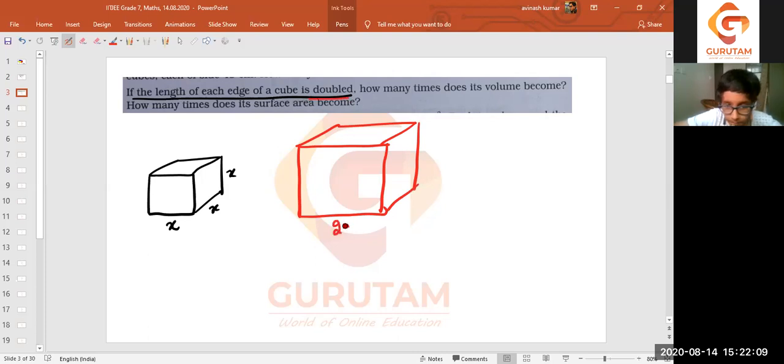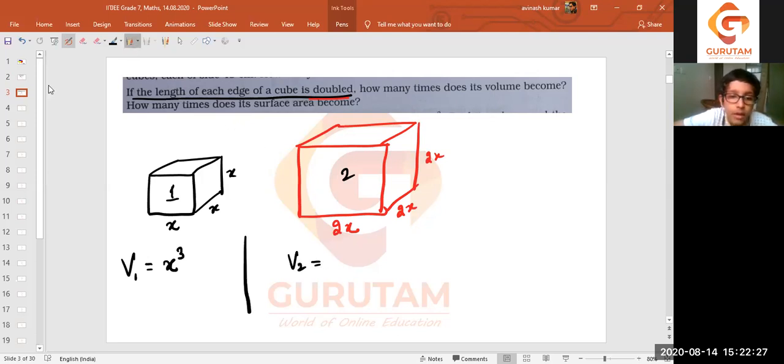So this becomes 2x, 2x, 2x. Give the name 1 to this one and 2 to this one. Volume 1 will become x cube. Volume 2 will become 2x whole cube, which will become 8x cube.